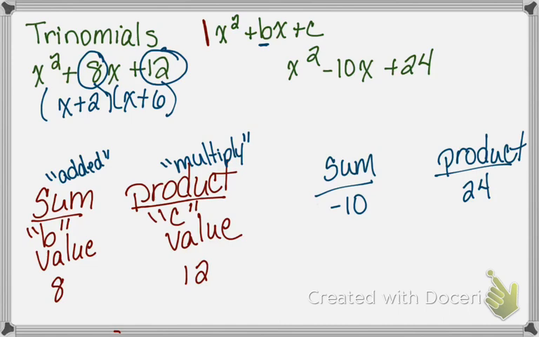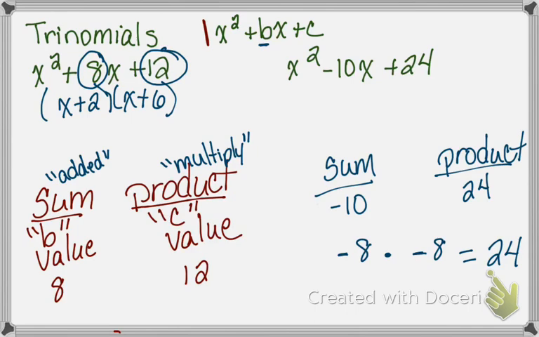My sum here is negative. So my only option is to have some negative number times another negative number so that I can get a positive 24. So I could have negative 8 times negative 3. Does that give me positive 24?